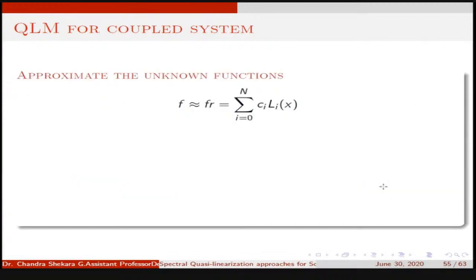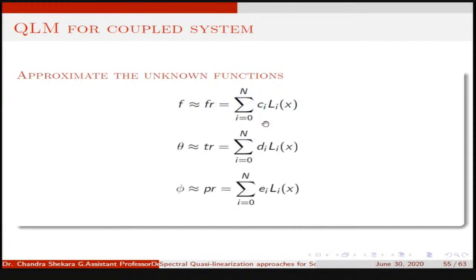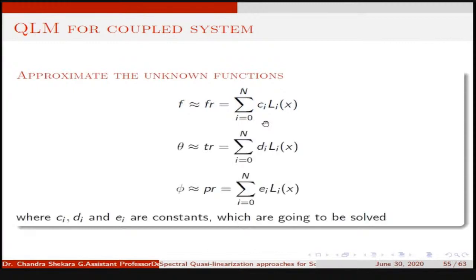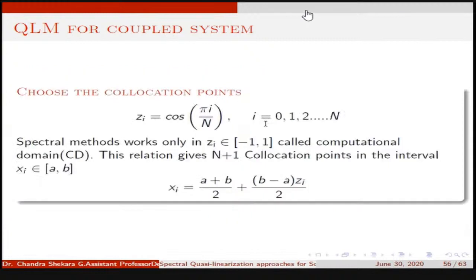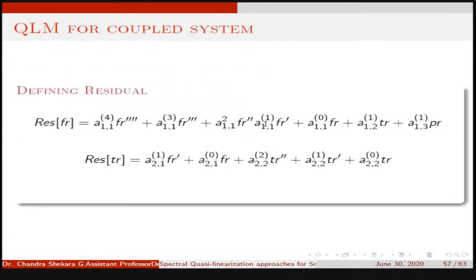Then assume the solution using Lagrange polynomials for the first variable, second variable, and third variable. Then use the Gauss-Lobatto points as collocation points. Then solve here.